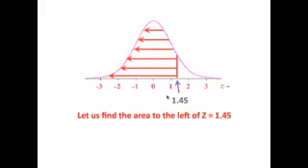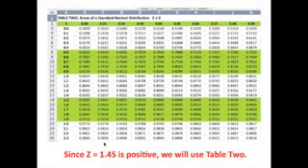Now we're going to examine a z-score of 1.45 and see if we can use the table to locate the area which lies to the left of the z-score. If you'll recall, this is what the table gives you. From the z-score, it gives you all the area to the left. Since our z-score of 1.45 is positive, we will use table 2, which includes the positive z-score value.